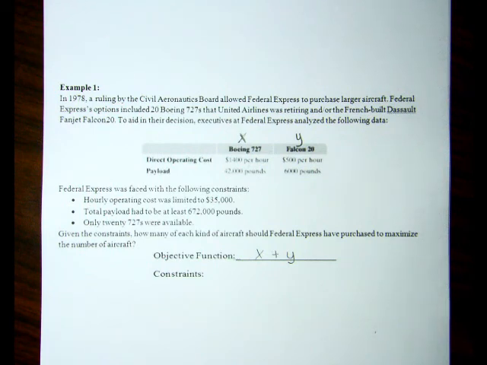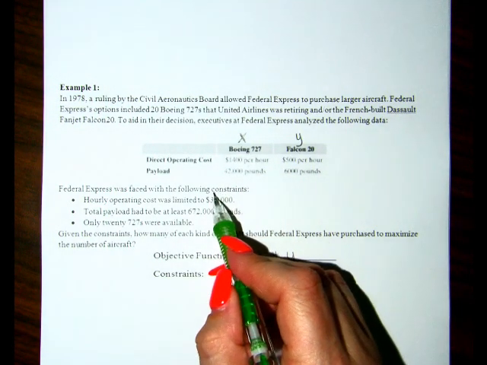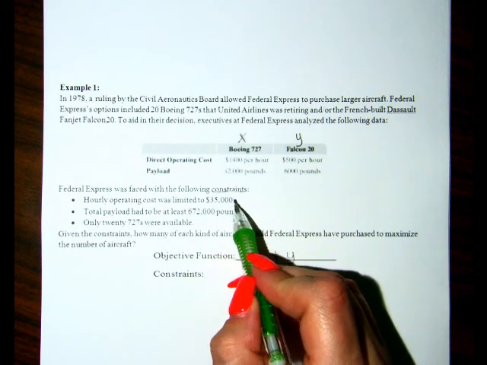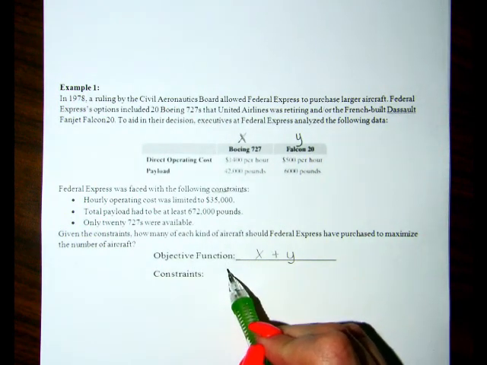Okay? So there's my objective function, x plus y. Now, my constraints, it's real simple here because they tell you these are the constraints they face. So all you have to do is read each bullet to get your constraints written.